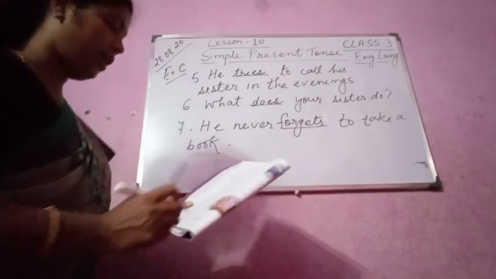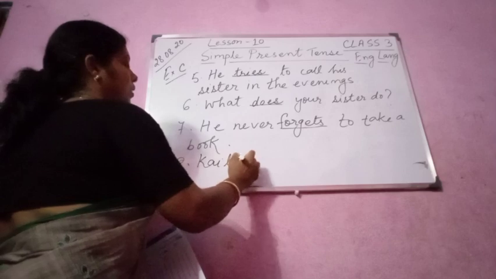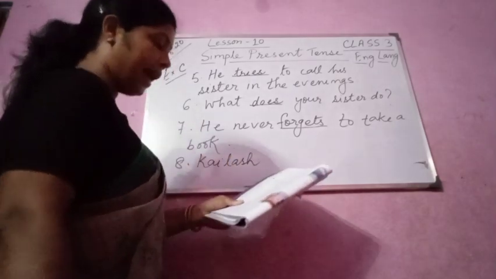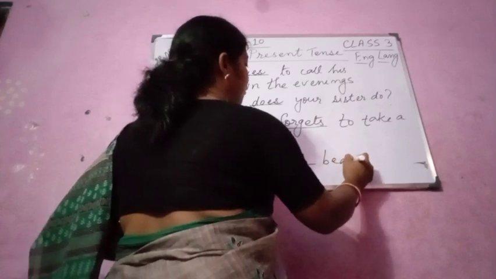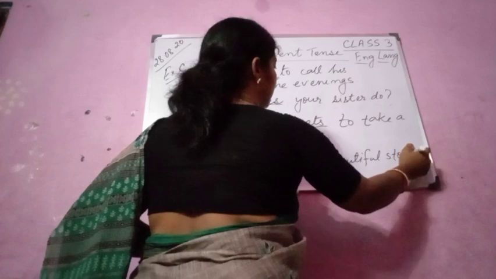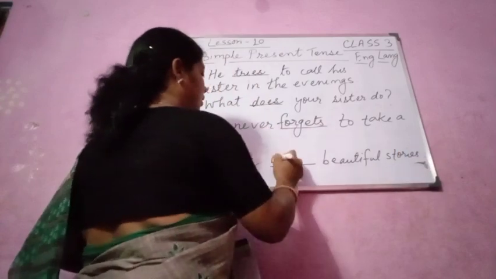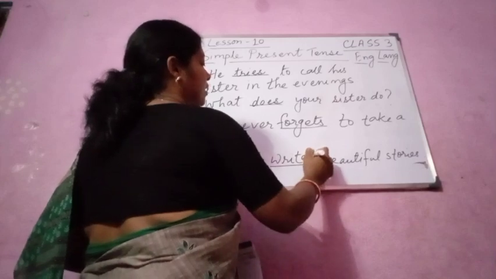Number 8 you see. Kailash dash beautiful stories. So Kailash, the verb given here is write.